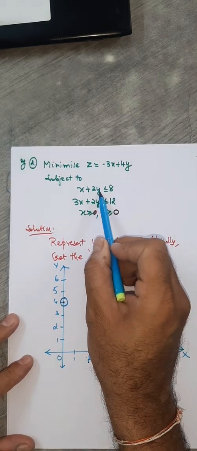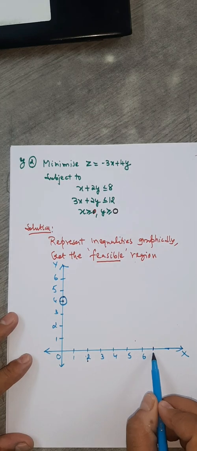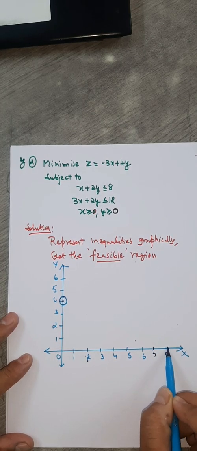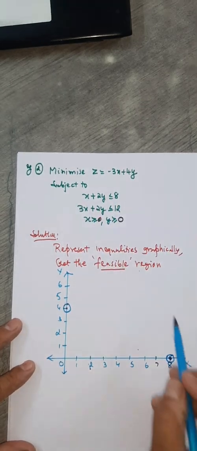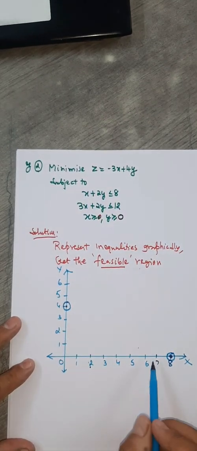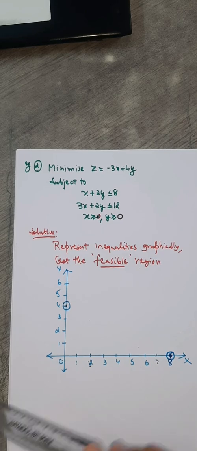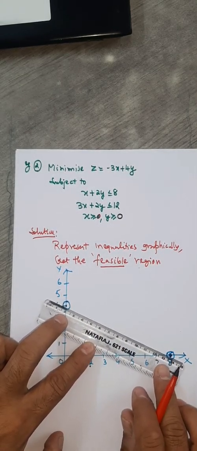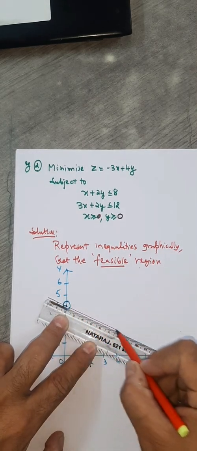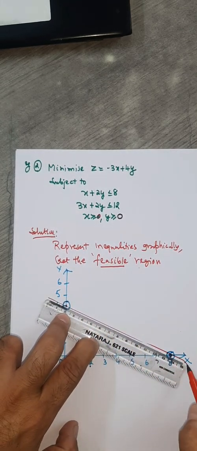Now I'll put y equals 0, so x will be 8. So this is 7, this is 8. Here y is 0, remember. So 8, 0. So we have this line that passes through these 2 points.